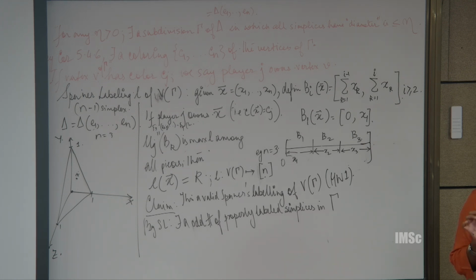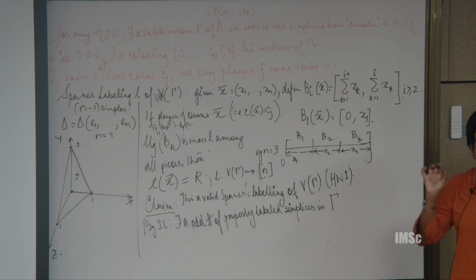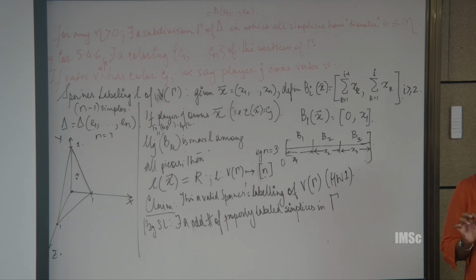That point is now being labeled by the piece. If I divide the cake according to that point, the labeling on that vertex tells me which piece is most liked by the player who owns it, correct? Yes.